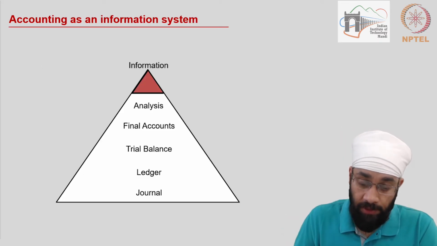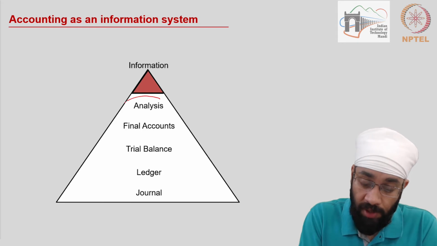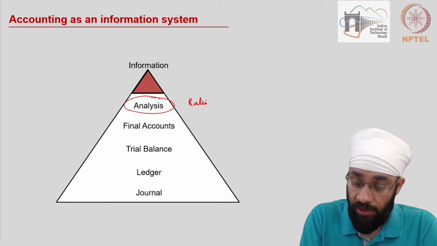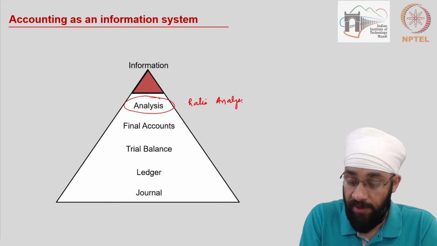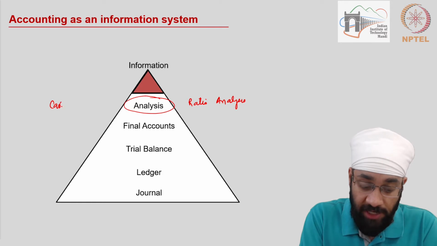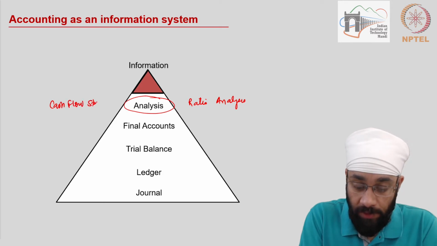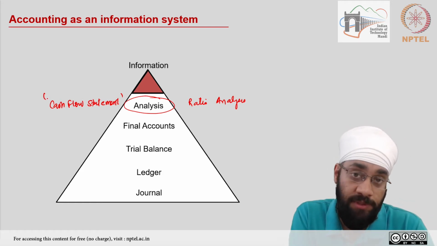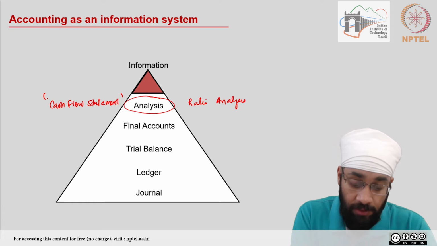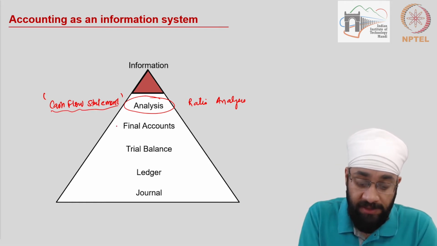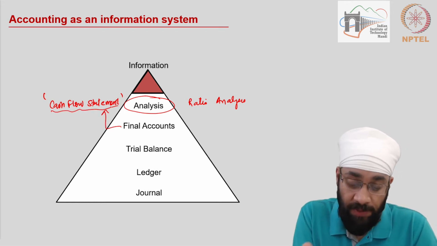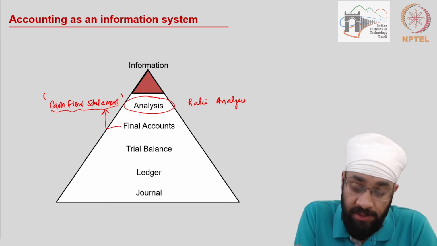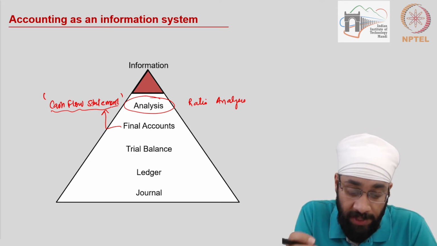Going forward, we are going to talk about another tool of analysis. So, in addition to the ratio analysis, we have another tool which is called cash flow statement, which helps us analyze a little bit more from a different perspective. Now, although this is a statement, and I've earlier said that this is part of the final accounts as well, because public companies need to prepare all these three statements and disclose them to the public as well.